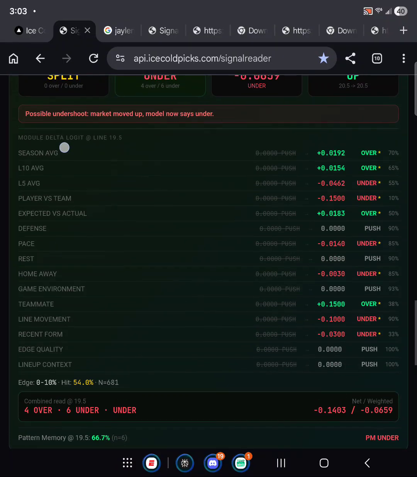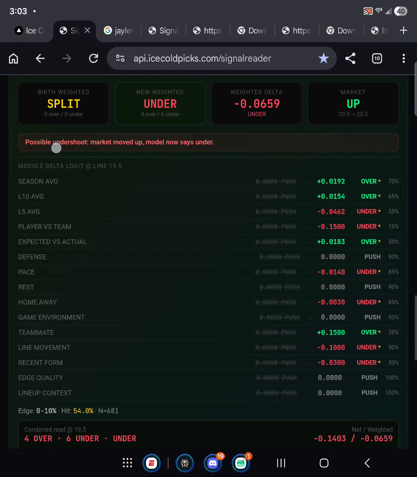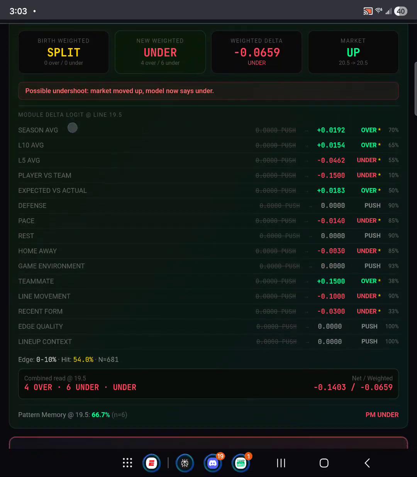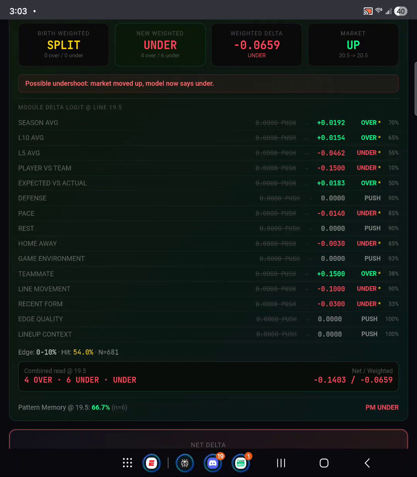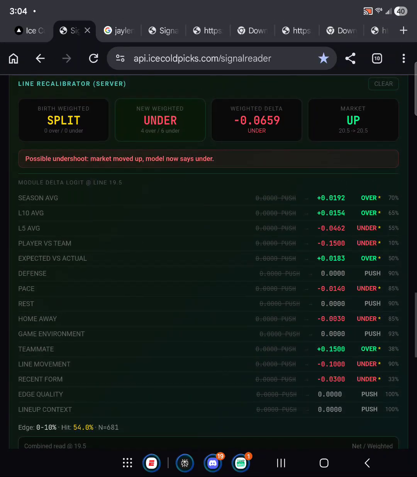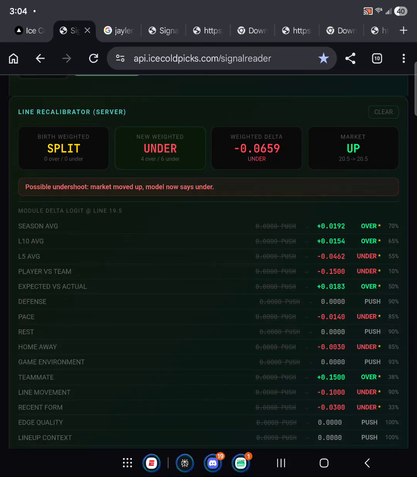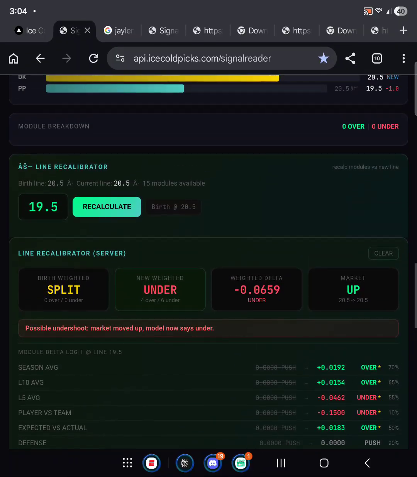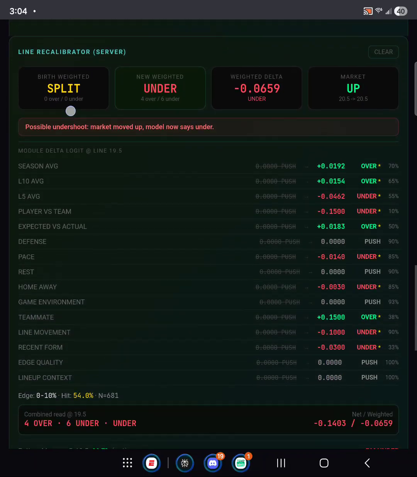Now his expected versus actual, he is supposed to perform a little better, but he's been on a recent downfall on this team. So in general, he's trending down, and the pace is a little slower. It doesn't support it at all. So to me, I would either fade this if you weren't sure, but to me, I see this and I say, hey, take the under.